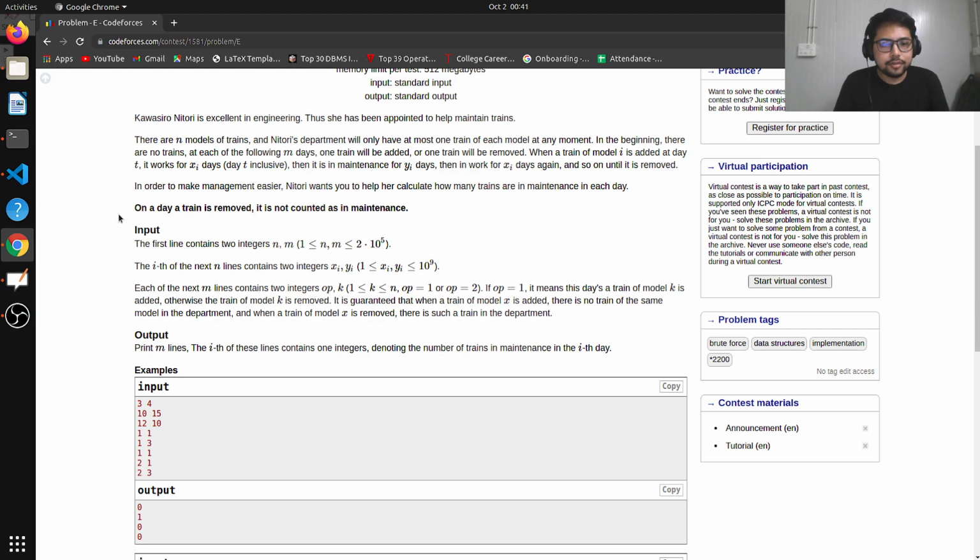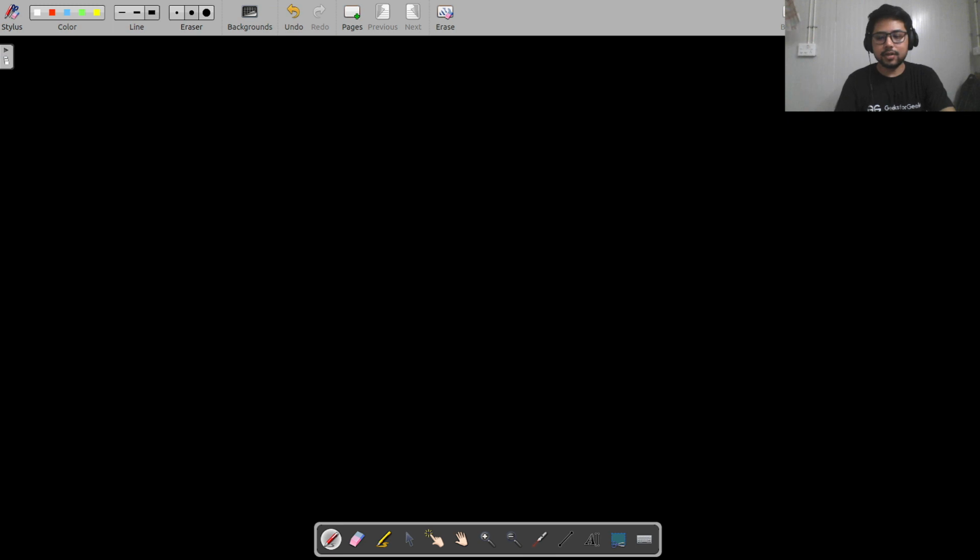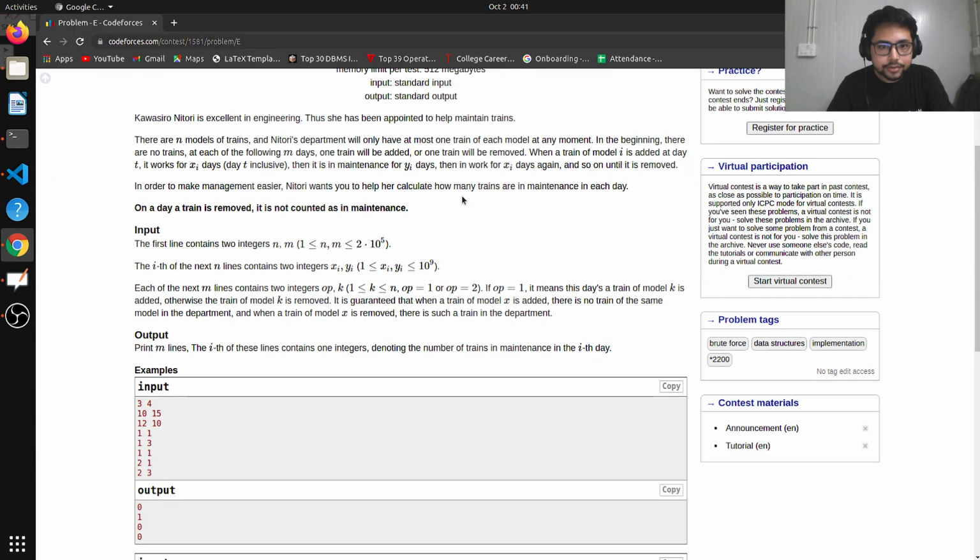At each of the following m days, one train will be added or removed, if we visualize it from day 1, day 2, day 3 up till day m. It is also mentioned that she can have only one train of a model in the department.